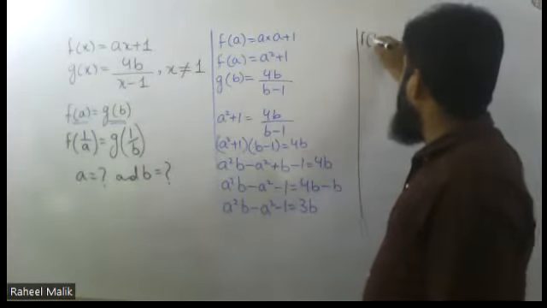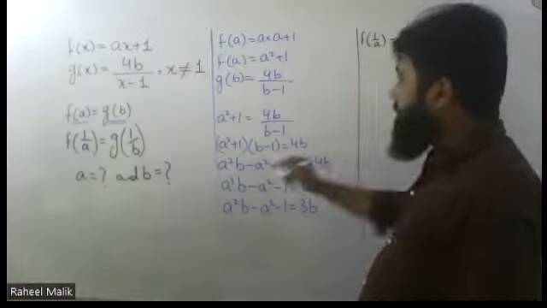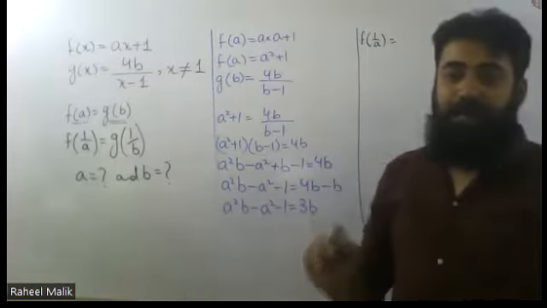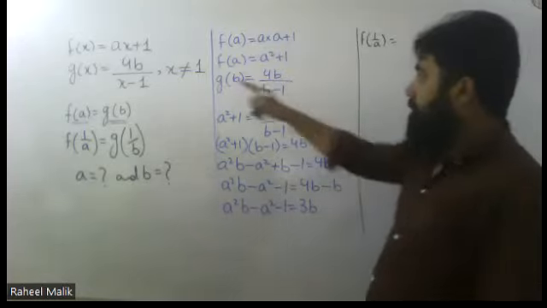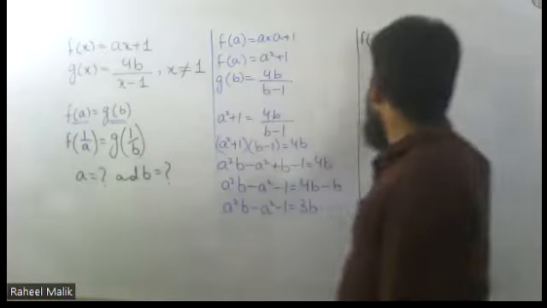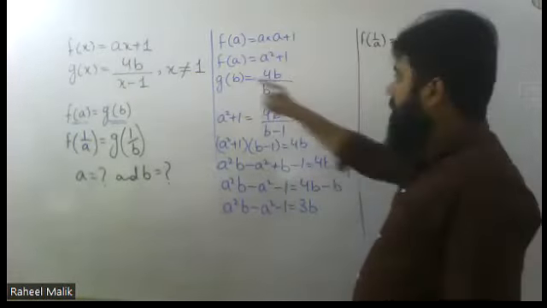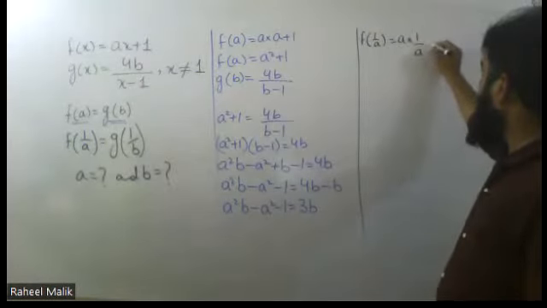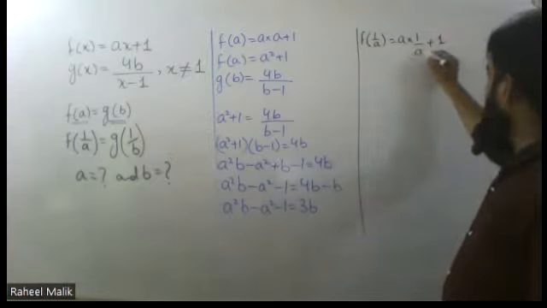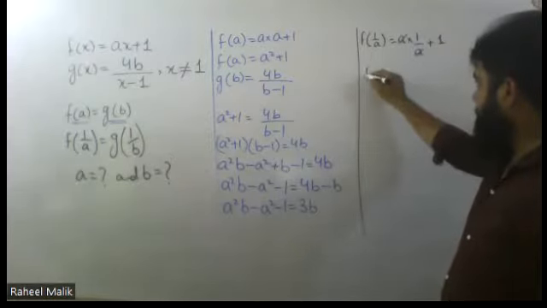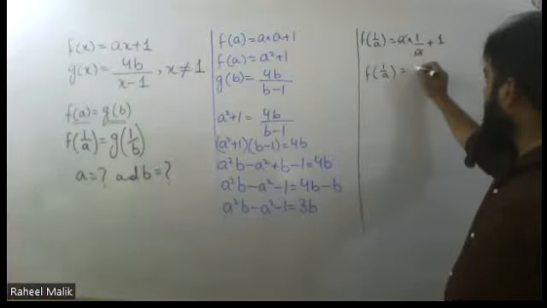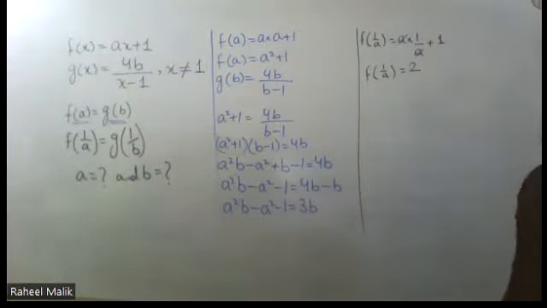It means in this function, in place of x, I will write 1 over a, and a will be written as it is, so 1 over a into a plus 1. Cancelling, f of 1 over a comes out as 2.